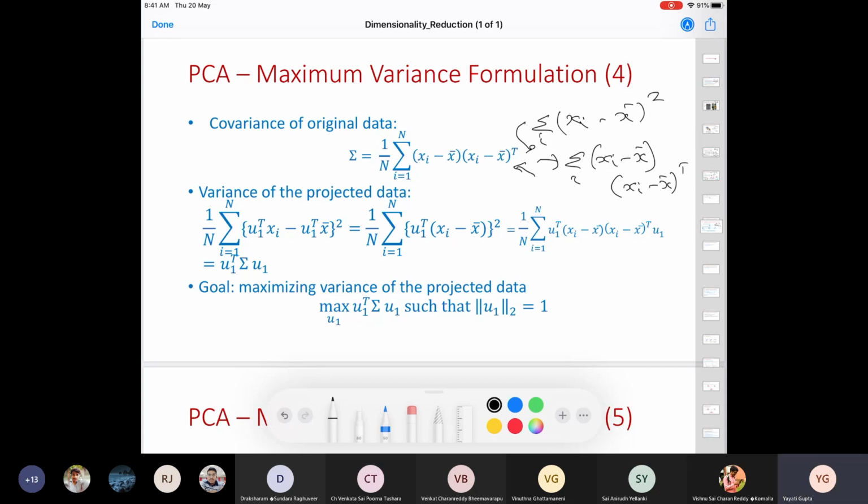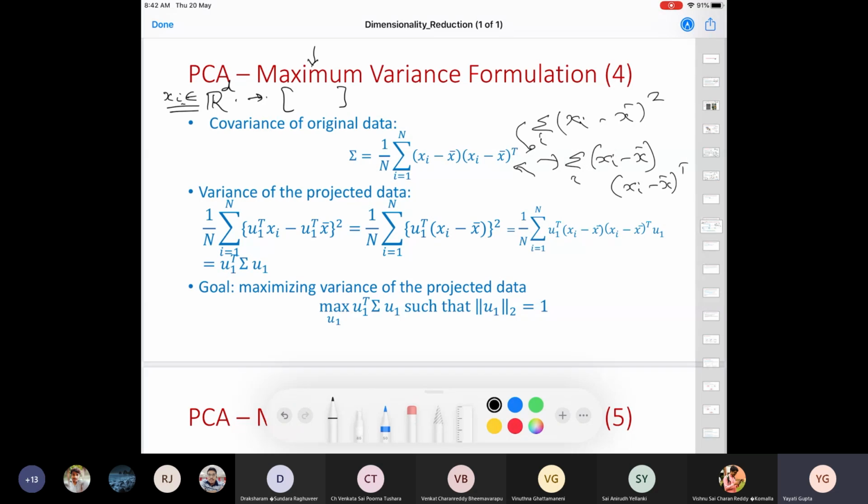Your point xi is a d-dimensional point. If I am interested in computing the variance of this d-dimensional point, first of all, you should imagine this d-dimensional point as a column vector.